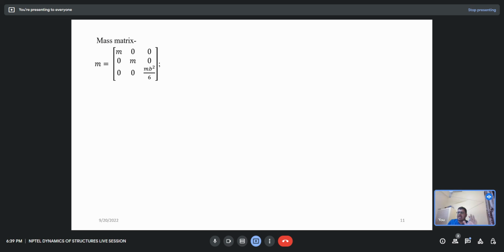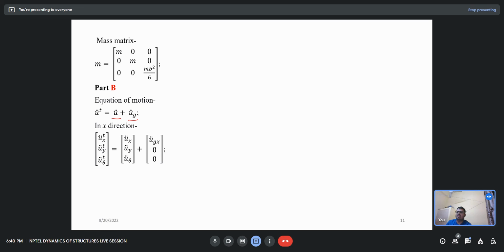After getting the mass matrix and the stiffness matrix, generating the equation of motion is very easy. For the equation of motion, the total acceleration is u double dot, the relative acceleration, plus the ground acceleration. In the x direction, ux, uy and u theta are the relative response in the structure, and the ground acceleration is externally applied in the x direction.